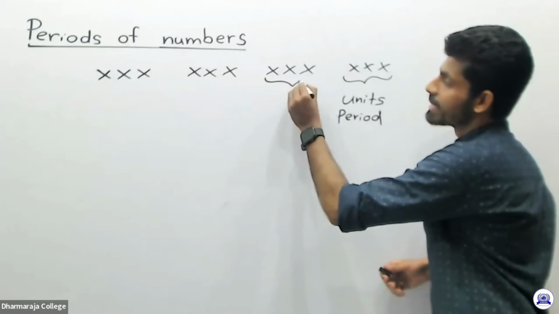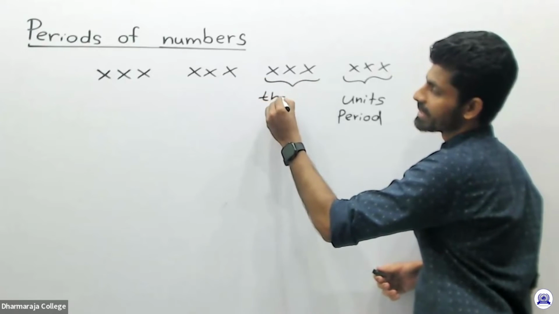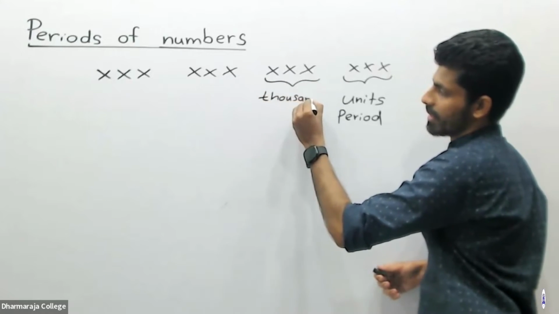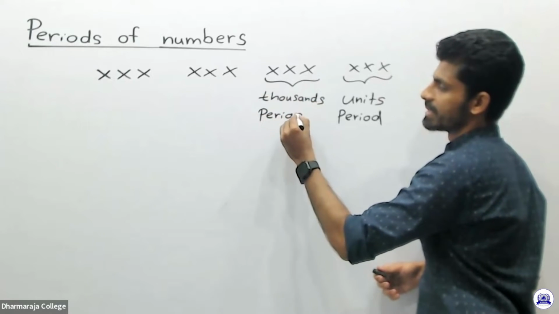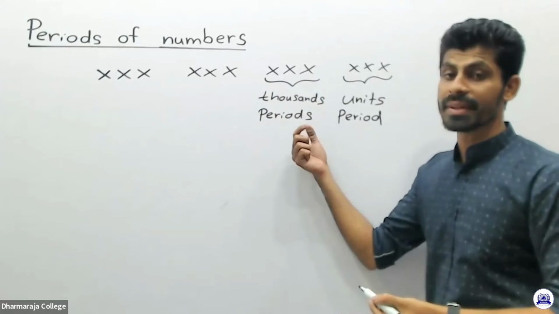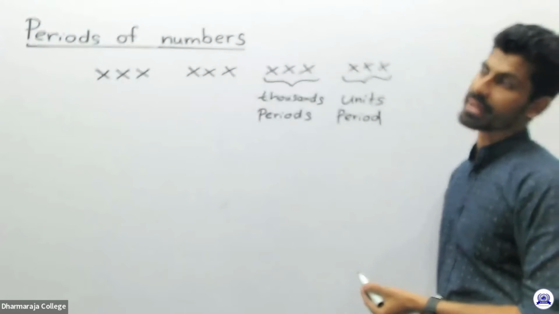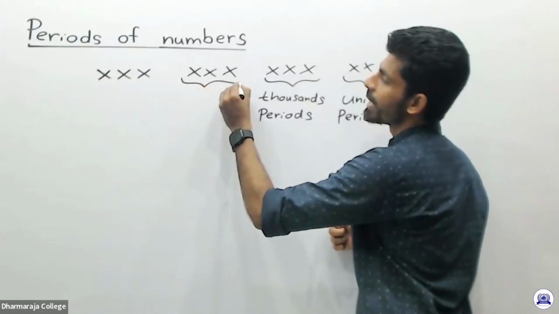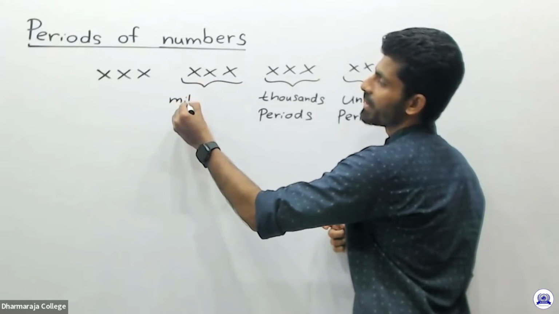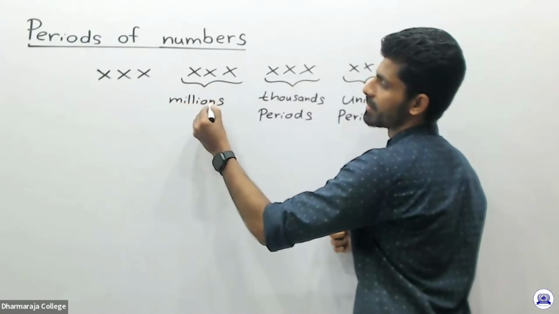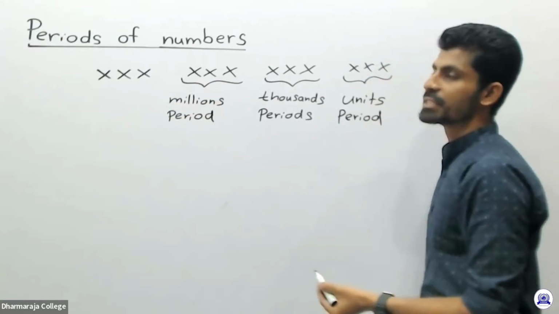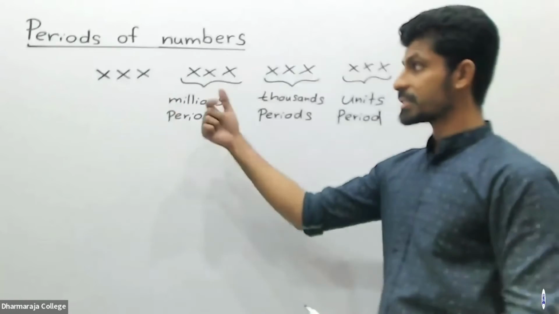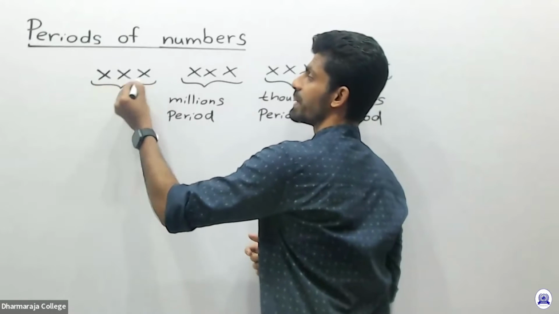This one, thousands period. The second period is known as the thousands period. Third one, millions period. Last one, billions period.